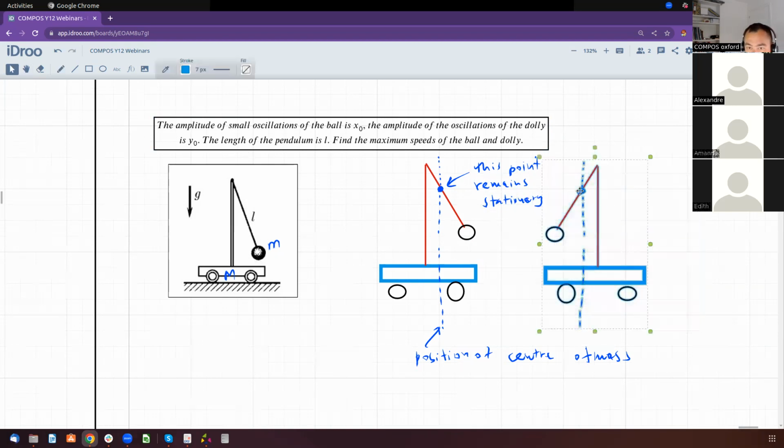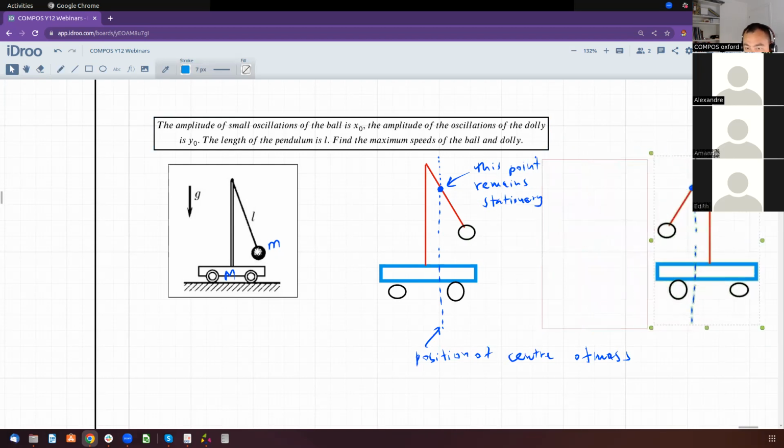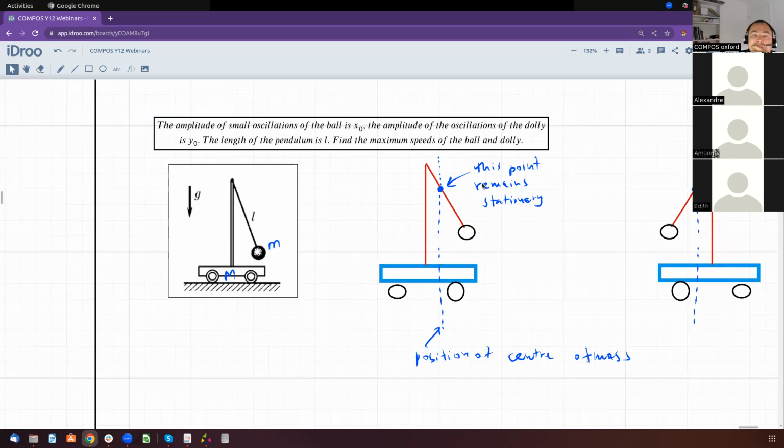Now, I have solved this problem before in the webinar last year. You can access the webinars from last year. Basically, the length of the pendulum is L, but you need to find the effective length. This is L star, the effective length.